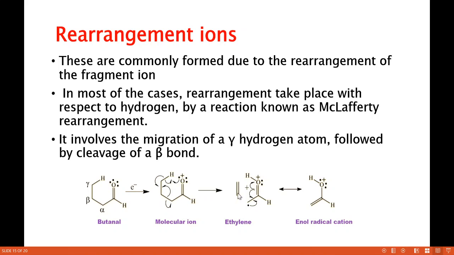So this is formed by removing the ethylene molecule. Then this double bond shifts to this side, and this radical shifts to this side. So here there is the formation of a double bond, and again the formation of a dot and radical. This is called an enol radical cation, and it shows a peak in the mass spectrum. Such peaks are called rearrangement ions. It is very important.